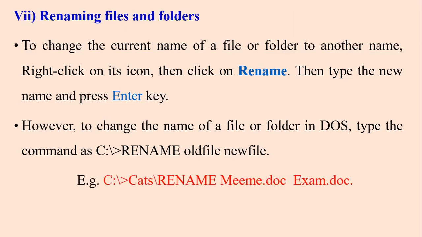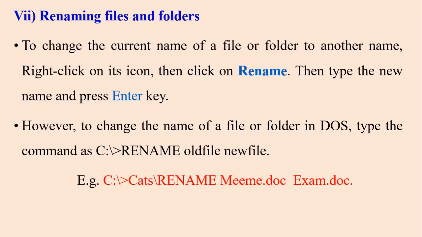For example, if you have a file called meme, which is a document file, and want to change its name to exam, then you go to the folder that contains the file meme, and then you rename from there. For example, if the file called meme is in a directory called cats, then you can rename it from the root as follows.